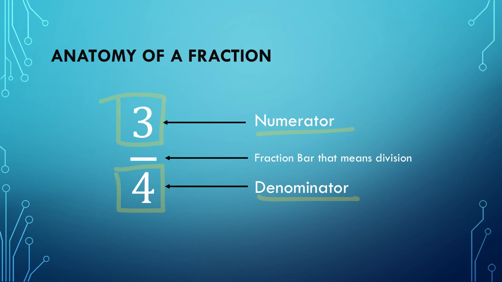But this numerator means that you maybe get 3 slices out of the 4 total pieces, all right? So our numerator is our piece to then our whole number down here. Right, and then our last part is this line, and it is our fraction bar that can also mean division. That's going to be really important when we start getting into turning fractions into decimals.